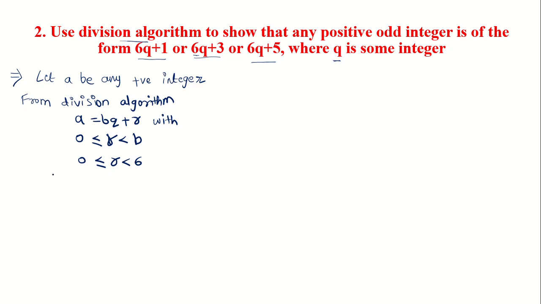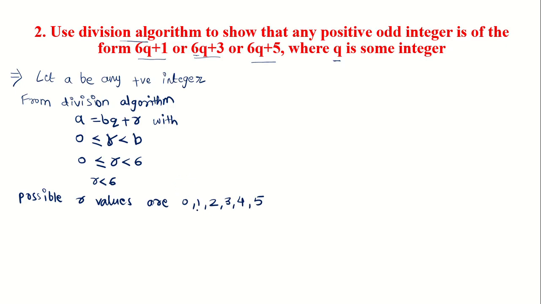Now here look, r is less than 6. So what are the possible r values we will get? Possible r values are numbers less than 6. So that are 0, 1, 2, 3, 4 and 5.